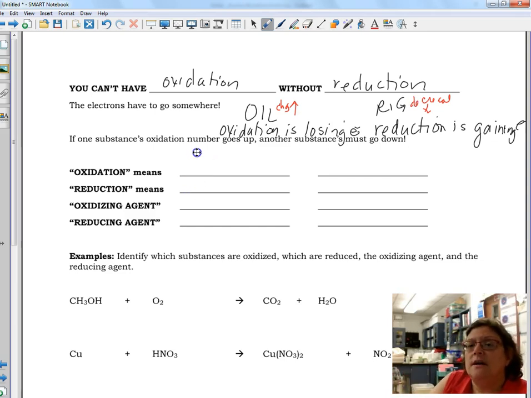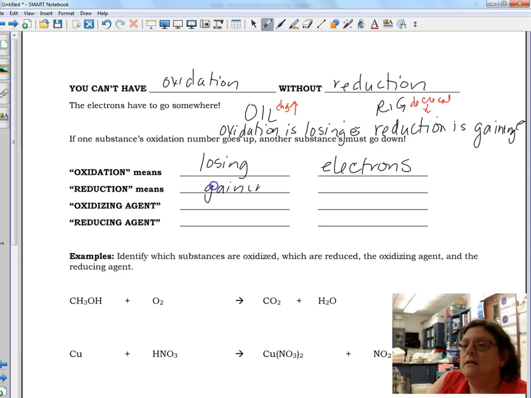So, since oxidation means losing electrons, reduction means gaining electrons. An oxidizing agent, therefore, is the thing that causes oxidation to happen. So an oxidizing agent is actually the element or the compound where the element is that gains the electrons.